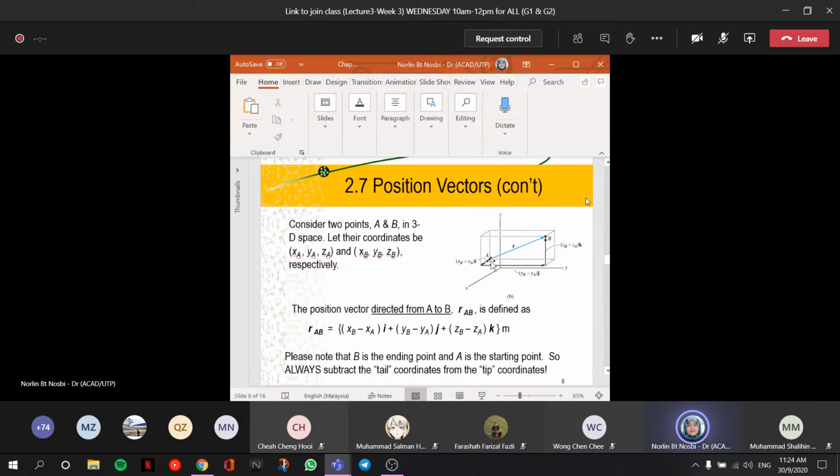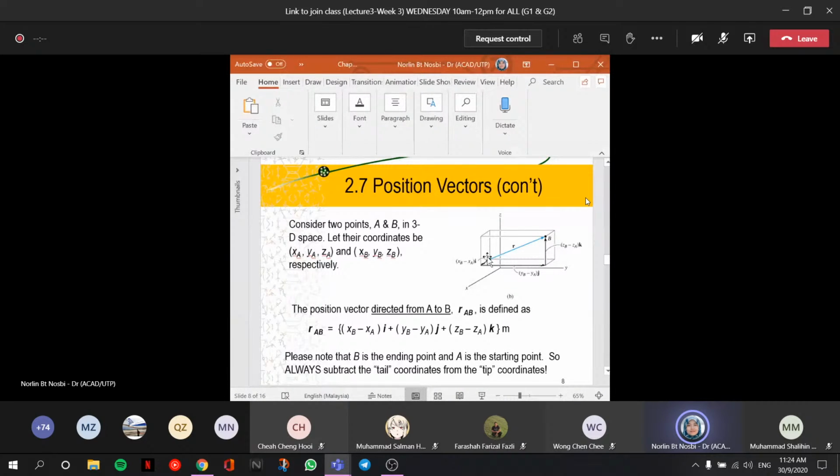For A, x, y, z of A, and for B, x, y, z of B. So you need to find the direction vector from A to B. It is B minus A, where the tip minus the tail.